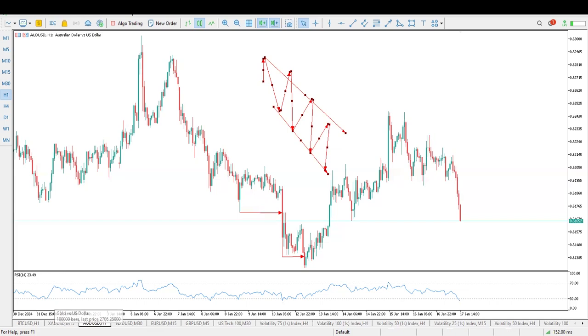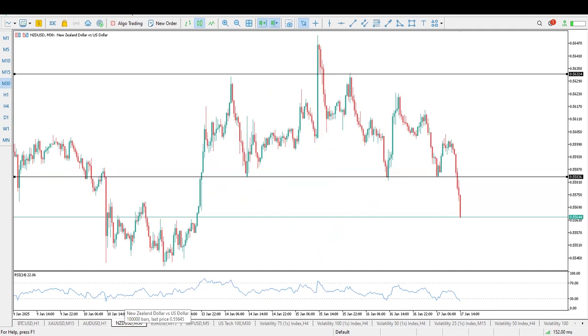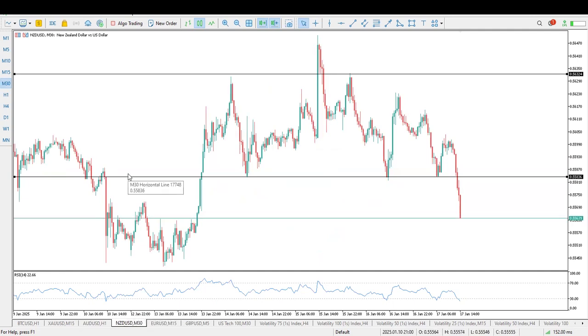Now, the next type I want to talk about is the sideways trend. The sideways trend comprises equal highs and equal lows.